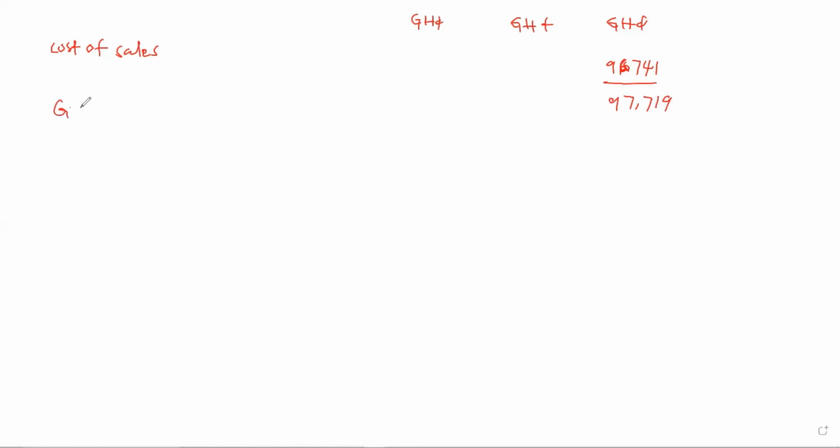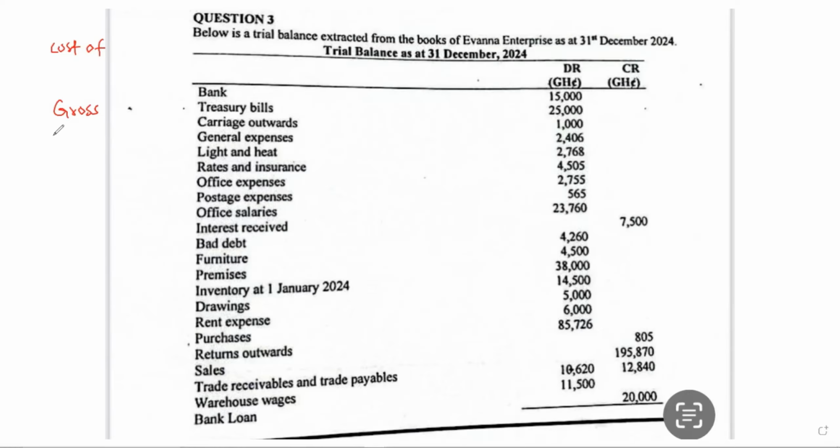This is what we say is our gross profit. After getting your gross profit, you look through the question. If you have any other income, you add. If there is no other income, you just move on to less expenses. When you look through the question, you have other income. So we add them.